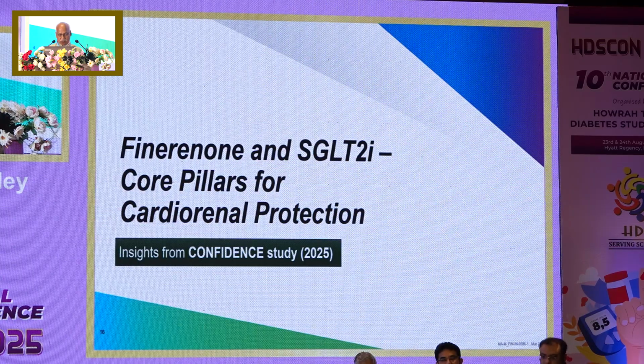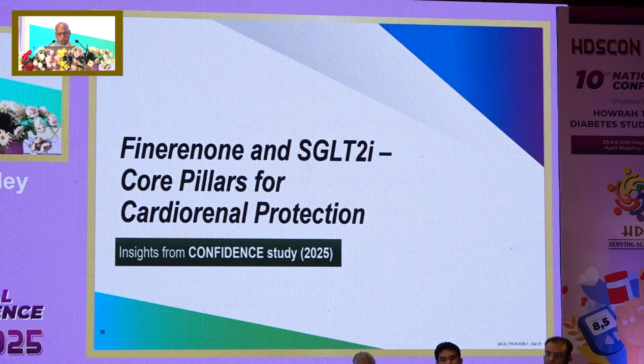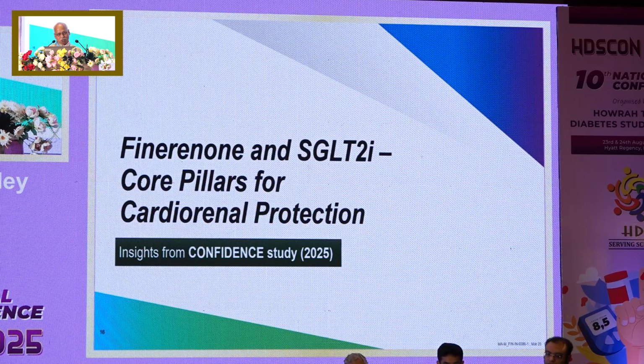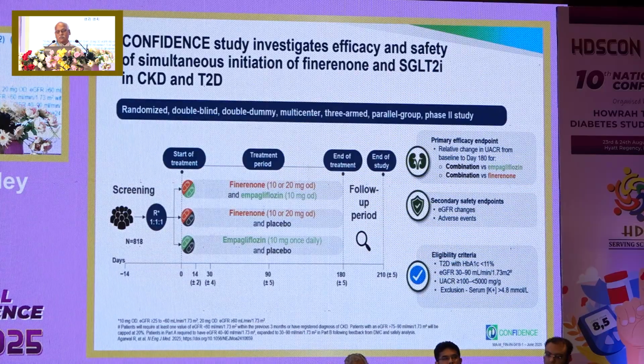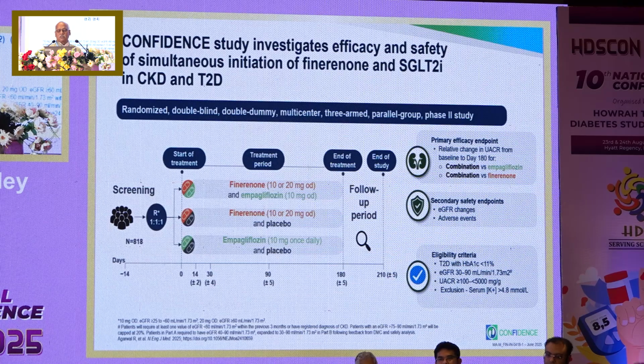It's additive. So if you get a patient with proteinuria, just like in HFrEF nowadays, we have got 4 pillars: RAS blockade, SGLT2 inhibitors, Finerenone, and GLP-1 receptor agonists. So this study CONFIDENCE proved that there is a significant reduction in the primary endpoint.